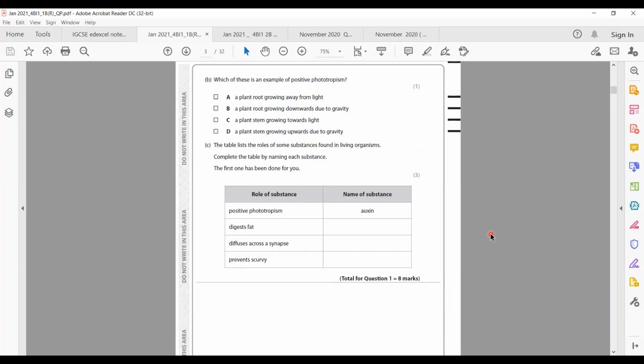It is a chemical that diffuses, but it has a name, of course, in the synapse. It has a name. It's a chemical which is protein in nature, and it comes out of the vesicles in the presynaptic knob.